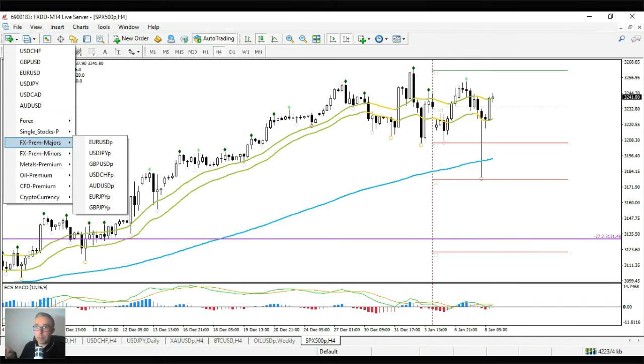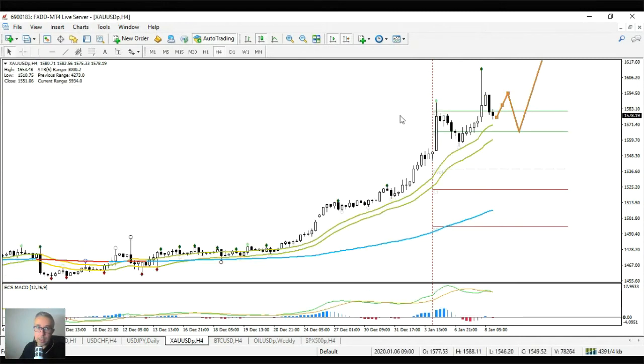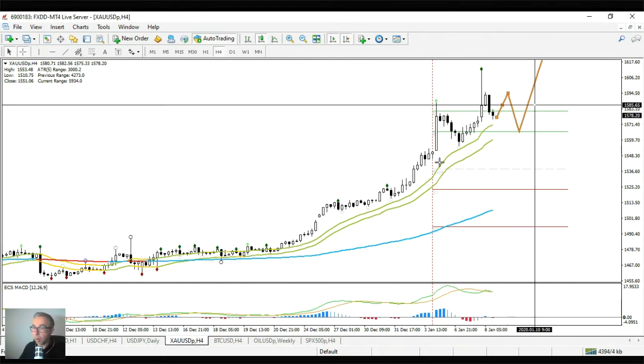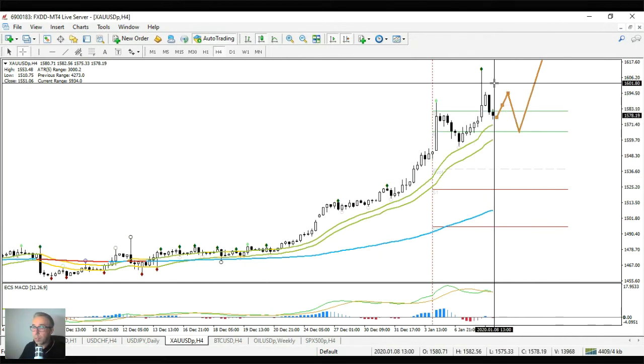Let me get back to at least one question I see here in the chat. So, gold 4-hour price action. Just in case I didn't answer that, I'm expecting now a minor kind of wave 4 after a strong wave 3 for the moment.